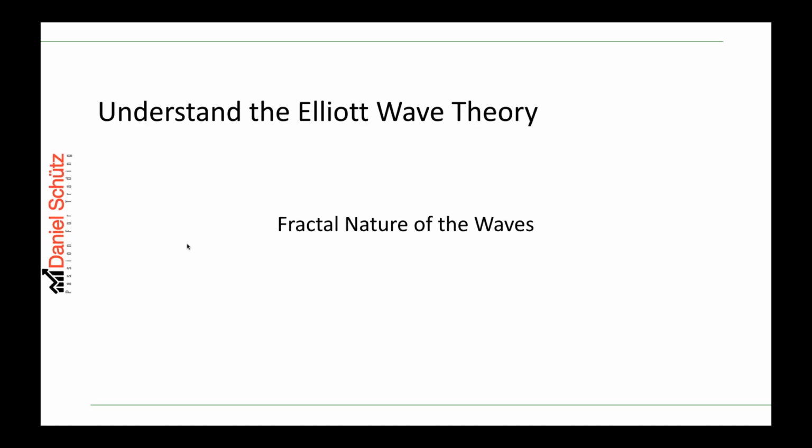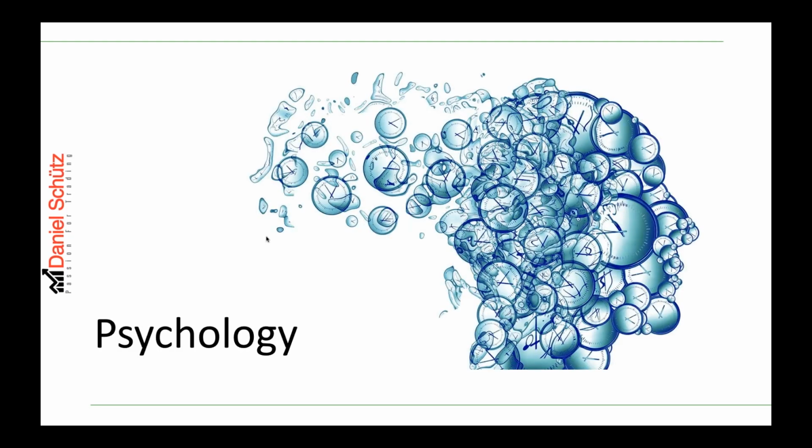But before we start, we have to talk about psychology. This is an important key to the Elliott theory because, like any other pattern trading, the Elliott waves are based on the psychology of the masses.